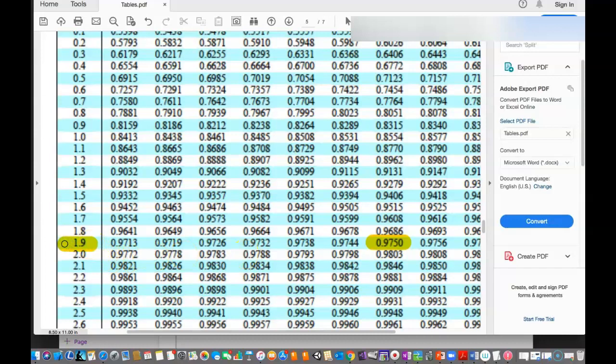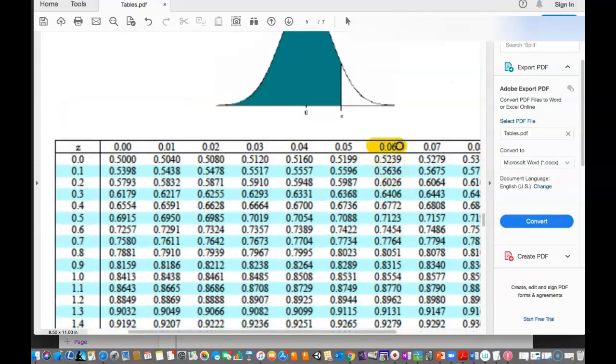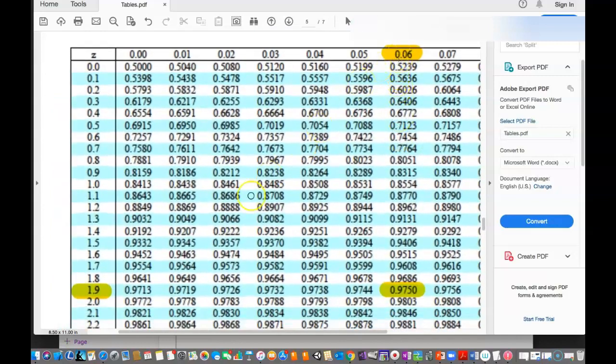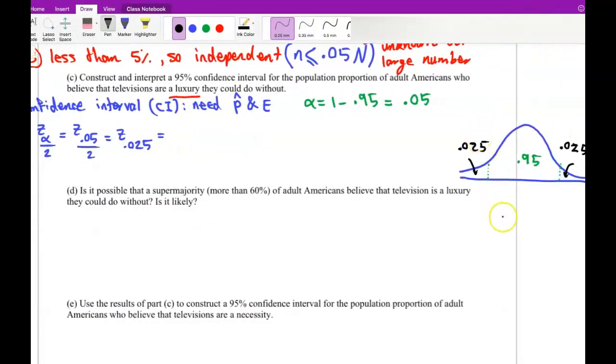Z is on the side, we have 1.9, and going up we have 0.06. So adding these two numbers, this is Z, so it's 1.96. So the answer for this part is 1.96, and that is critical value.